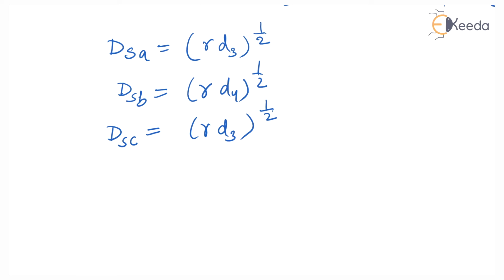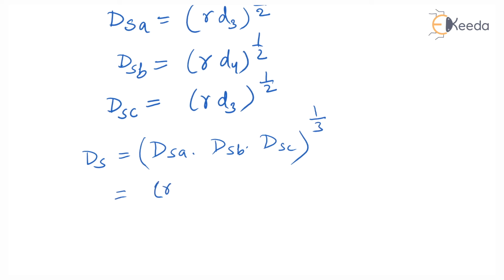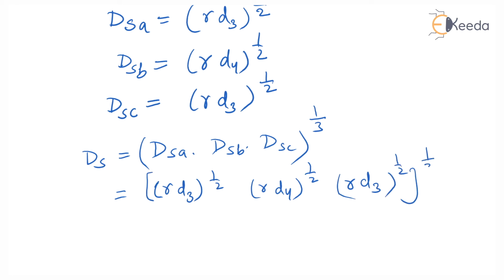Now put these values in equation number 3. So DS is equal to DSA into DSB into DSC to the power 1 by 3. So this is equal to R D3 to the power 1 by 2, R D4 to the power 1 by 2, R D3 to the power 1 by 2, whole power 1 by 3.